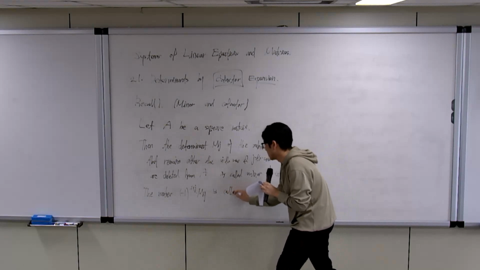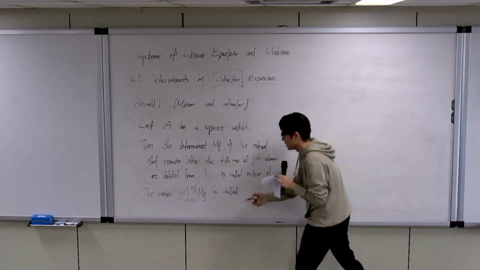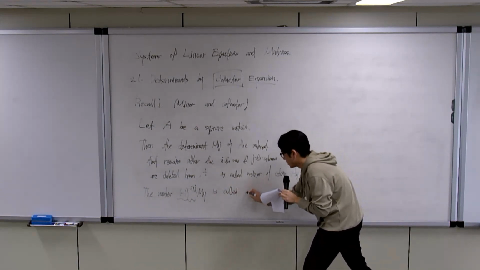So we will multiply by minus 1 to the i plus j, and it is called the cofactor.